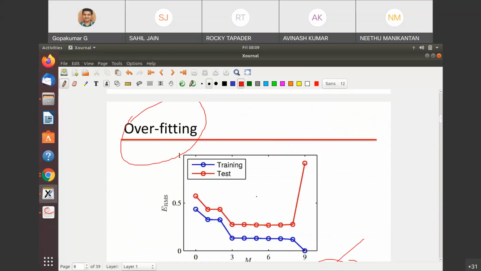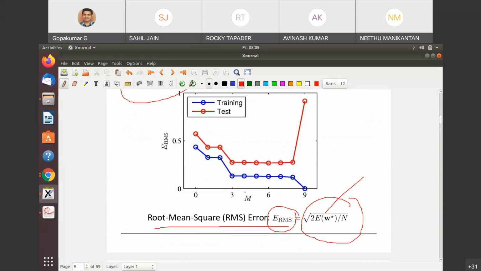We can see that for various values of m, initially the error decreases, both the training error as well as the test error. But after a particular value of m, there's a chance of overfitting, for example in this case after m equal to 8, or from m equal to 9.